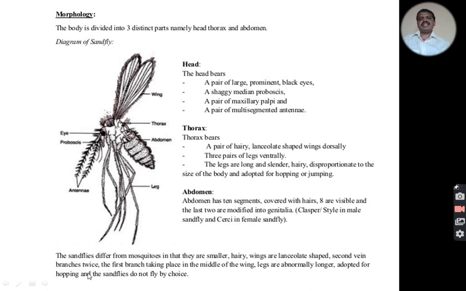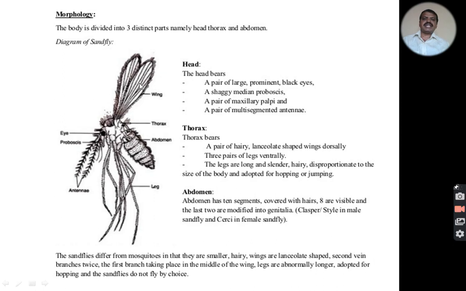The sandfly differs from mosquitoes in that they are much smaller, with hairy, lanceolate shaped wings. The second vein branches twice, and the first branch takes place in the middle of the wing. So in the wing you can see the lanceolate shape, and the veins can be seen.